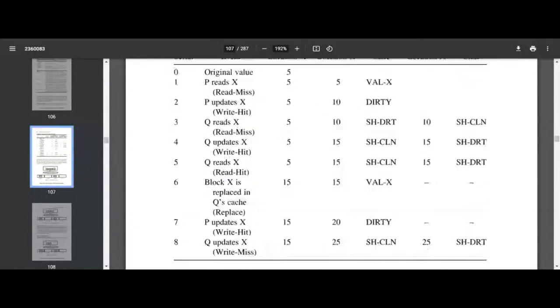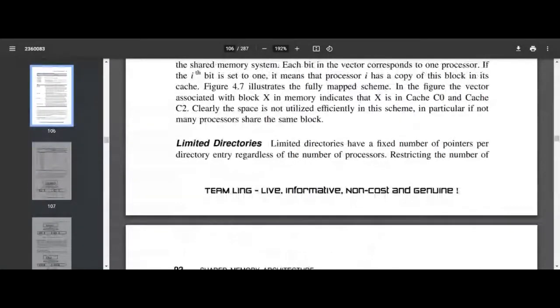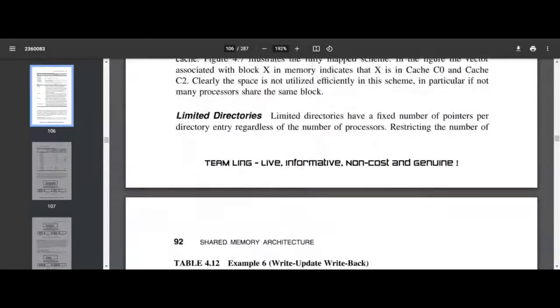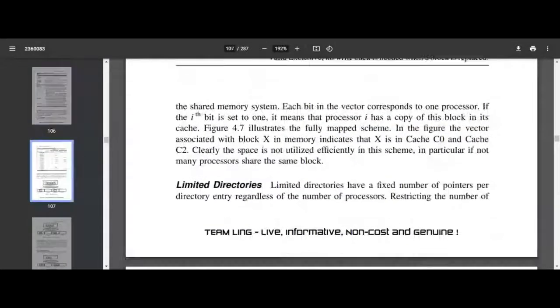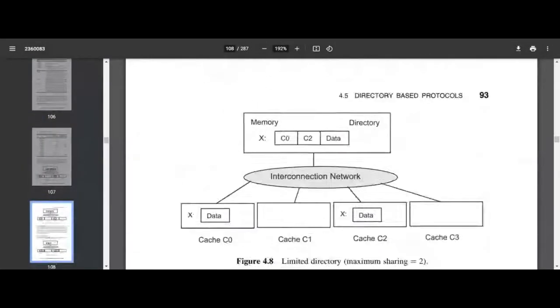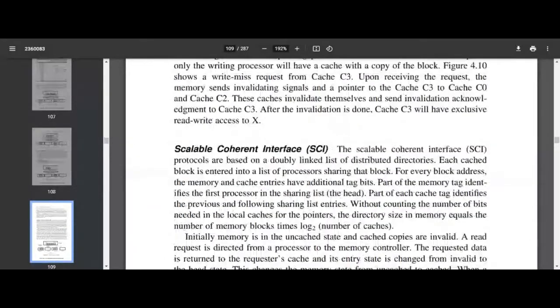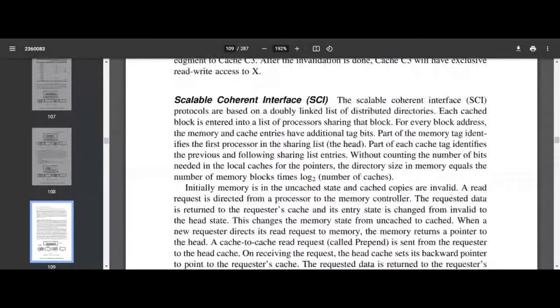So if you go through it here, there are cache C0 and cache C2, which are used for the caches. However, the letter X denotes the memory block. So we will go towards another topic, which is the scalable coherent interface.